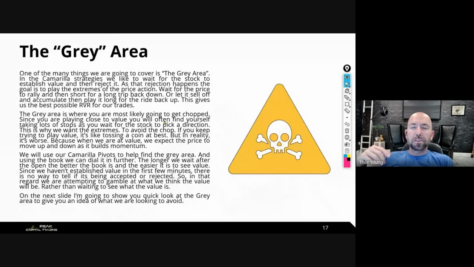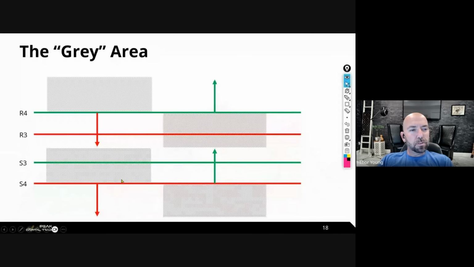So the main thing we want to do is make sure we are buying and selling in the right areas. As we're looking at this, the main Camarilla pivots that I use are the 3s and the 4s. I'll talk to you about the central pivot range and how all that works in a second. But the main thing we're using are the 3s and the 4s. If we're above a 4, we want to go long. If we're below a 4, we want to go short. So if the price action opens and stays somewhere in here, I want to go long.